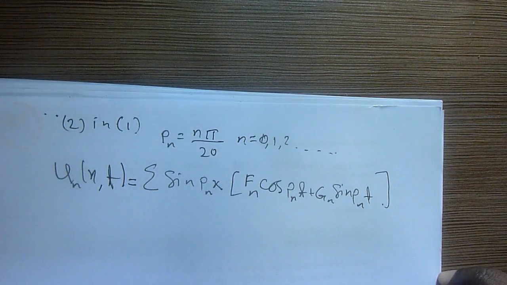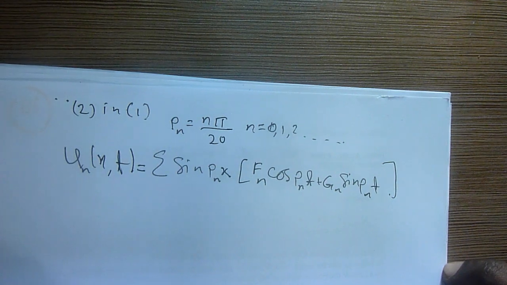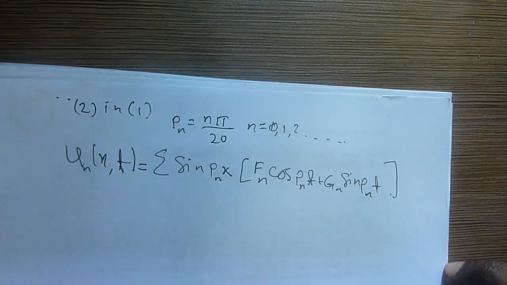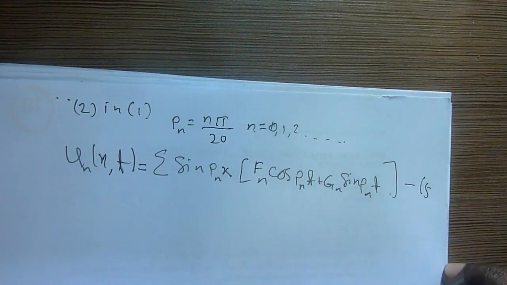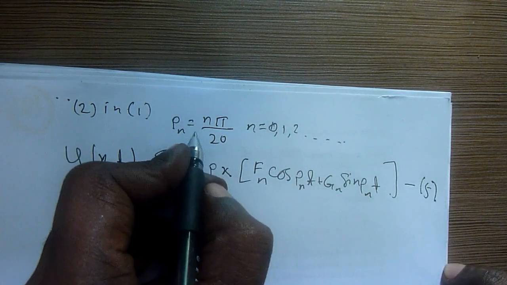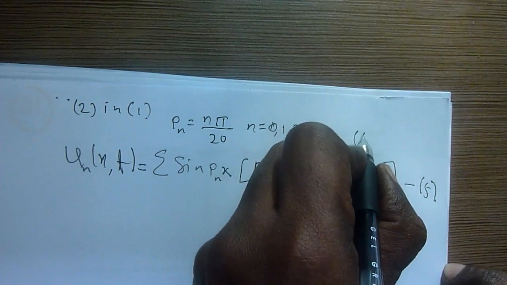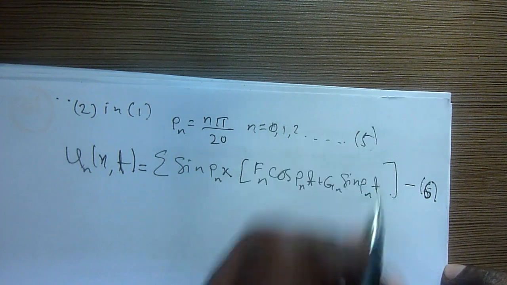Because I'm straight away solving the problem, I want to show you how complex it can be when you solve with Fourier series. We're going to use Fourier series, right? This equation, maybe I call it number 5, and this is number 6 anyway. Later you can call it whatever you want.